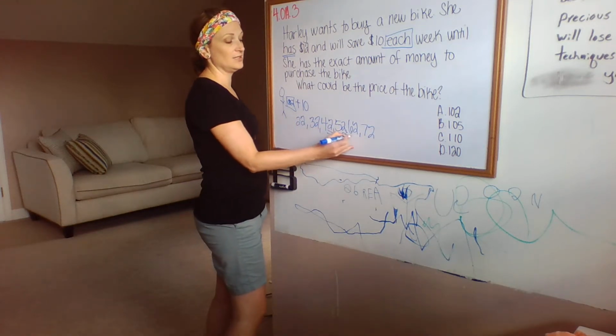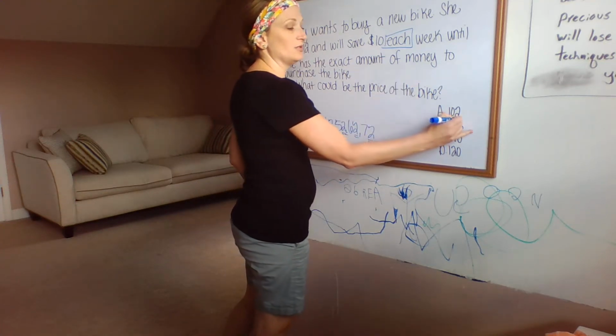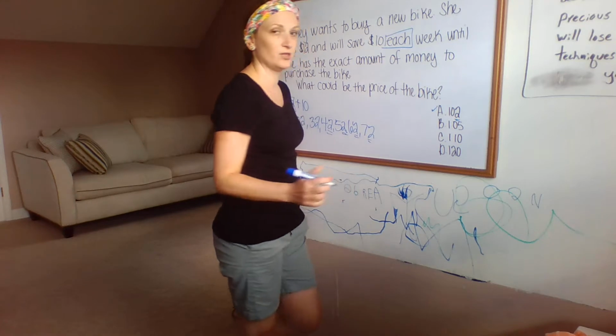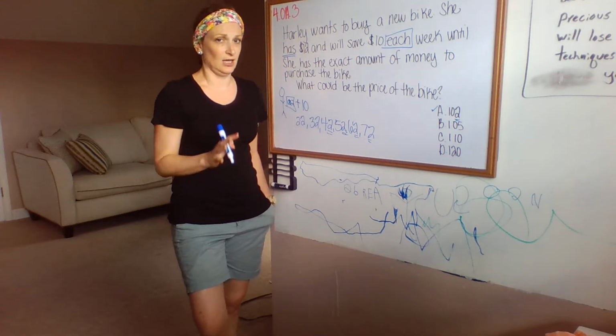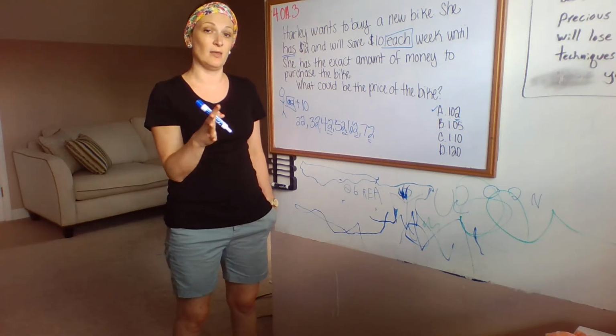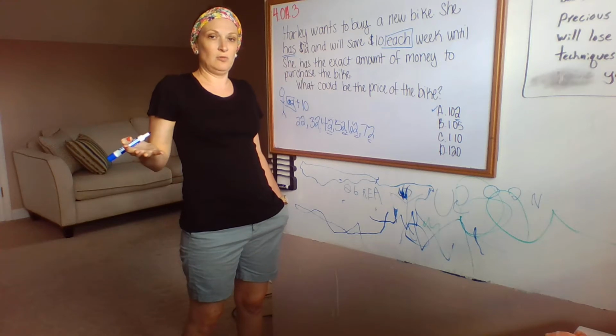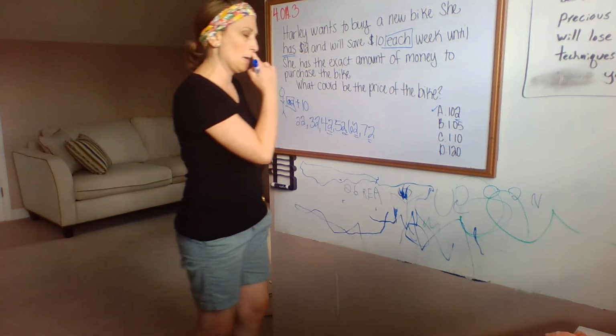In the ones place, there has to be a 2. So looking at these answer choices, there's only one answer choice that has a 2 in the ones place. It's not always going to work out like that, so I would encourage the kids, if they can't figure out a mathematical way to get there, keep doing the pattern, right? Just keep it going until you get to one of these answers.